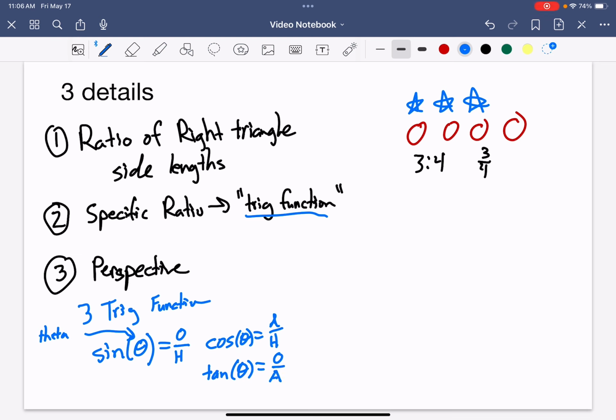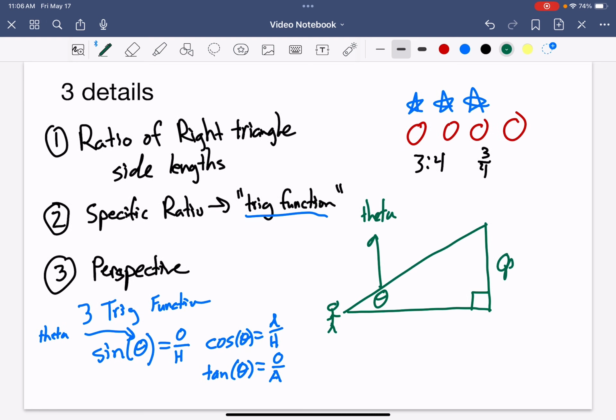Now, you're probably wondering, what do I mean by all of this? Well, let's draw a right triangle. There we go. Here's our angle, theta. And here's where we're getting this idea of a specific ratio, okay? If we're looking through theta, so imagine there's a little dude right here, seeing things from theta's perspective, we have three sides to our triangle.